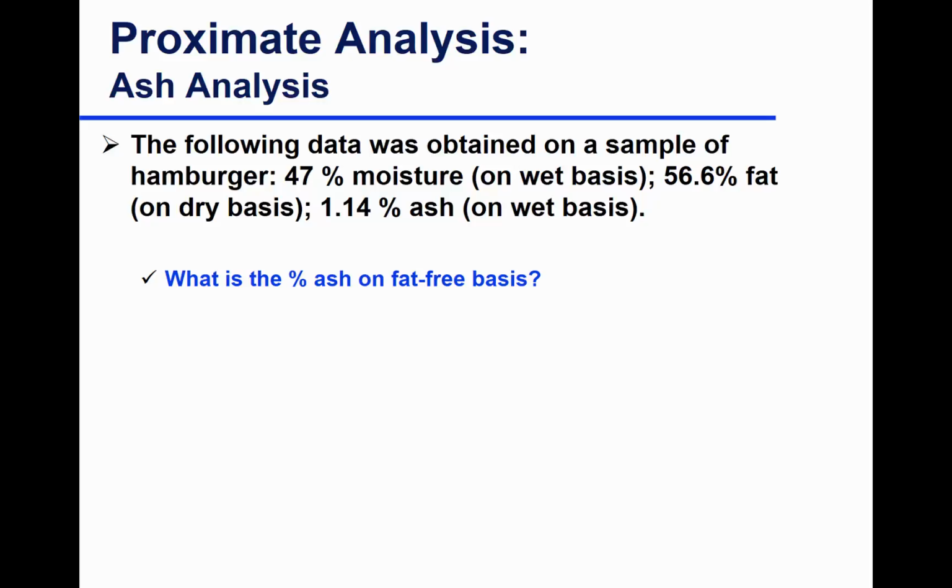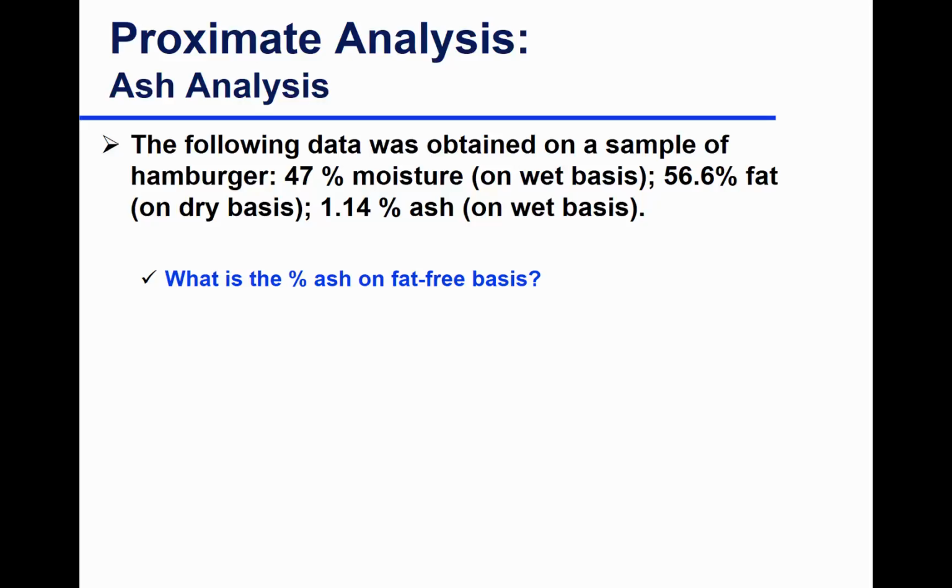So it flips. So this is your total, and this is your original dry matter. So you multiply this by the dry matter over 100, you get your wet basis.